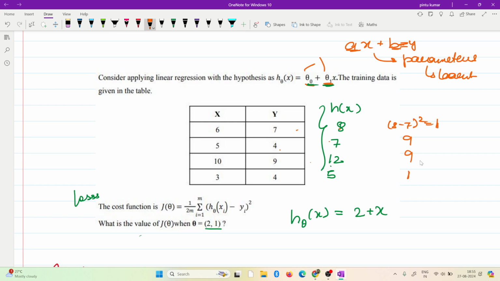Here again we have 1. So this is 20, right? Total error is 20. We have to divide it by 2m. M is the number of data points. So we have 1, 2, 3, 4 data points. So we'll divide it by 8, and this is given by 5 by 2. Okay. So this is the total error that you are making if you choose your theta to be 2, 1.